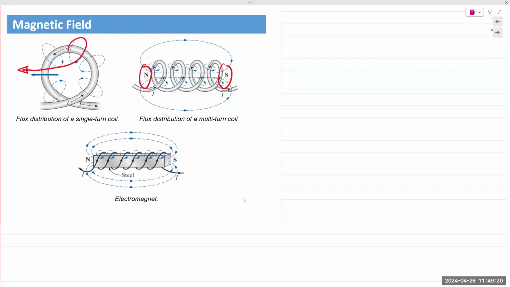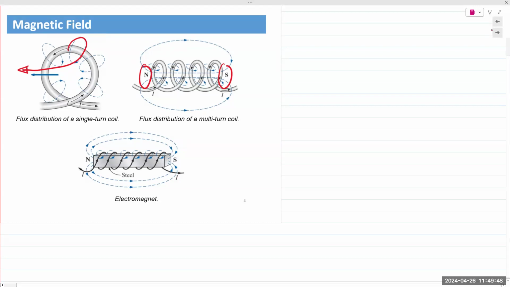Researchers discovered if you pushed a magnetic material through the center of that coil, meaning through the core of the coil, you can make the magnetic field stronger. The reason is, the definition of a magnetic material is, it allows or permits the establishment of the magnetic flux lines through the material with ease.